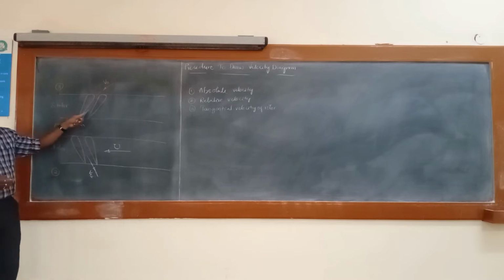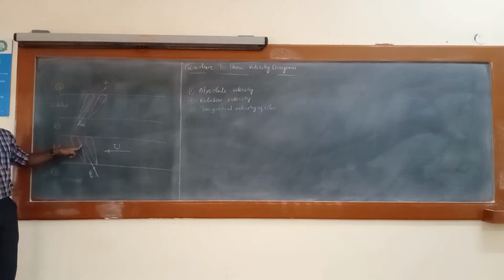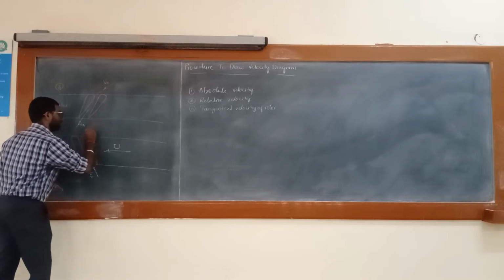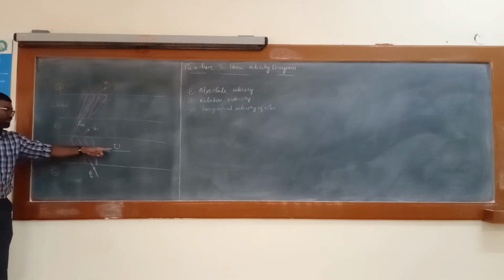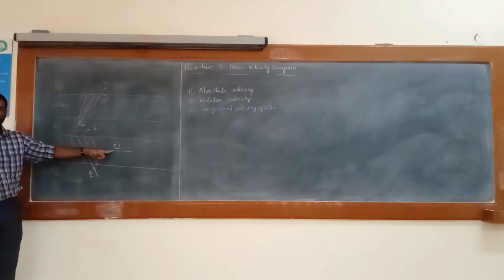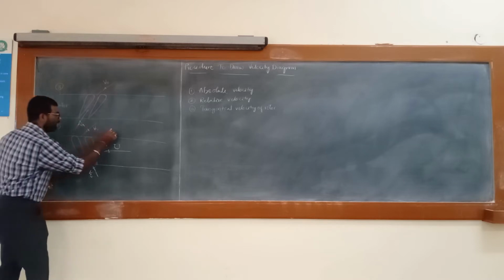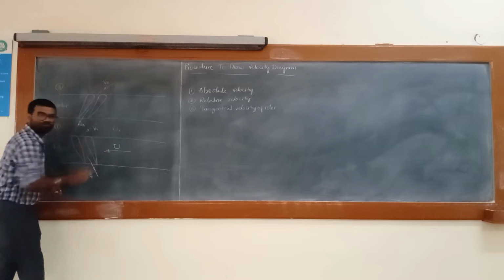See here, the velocity which comes out of the stator is the absolute velocity. The velocity which enters the rotor is the relative velocity, VR1. And the rotor also possesses a tangential velocity, represented as U1 at the inlet.